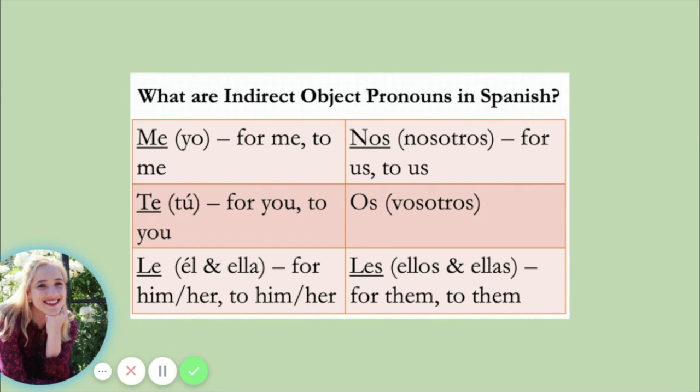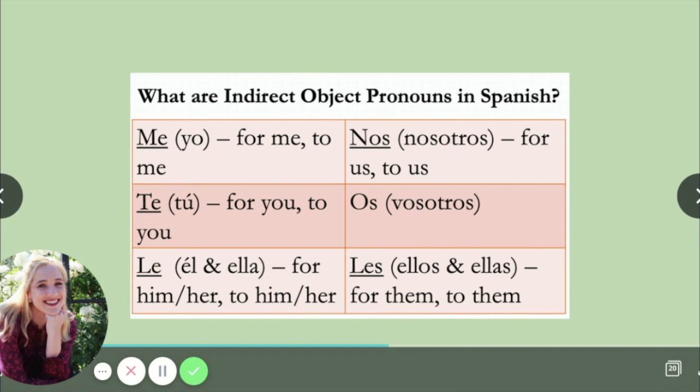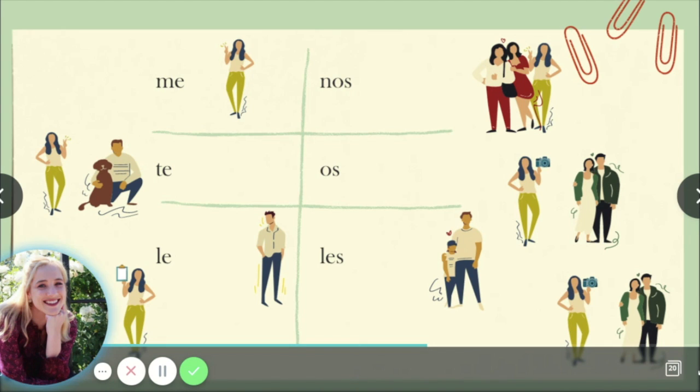Before, when we were looking at a mí, so to me or for me, a ti, to you or for you, these can replace that. So we're going to look at what that would look like. Again, this is the same stuff, just in the chart that we looked at before. Me, te, le, nos, os, les.